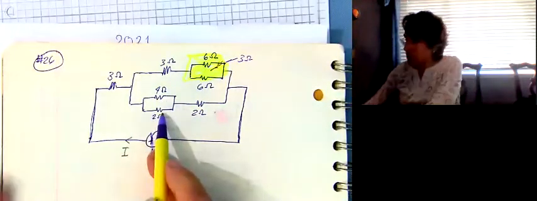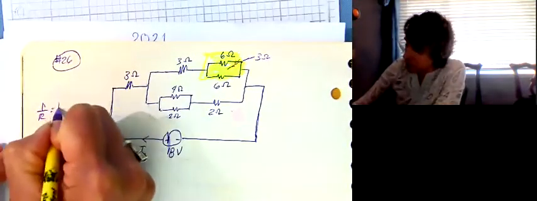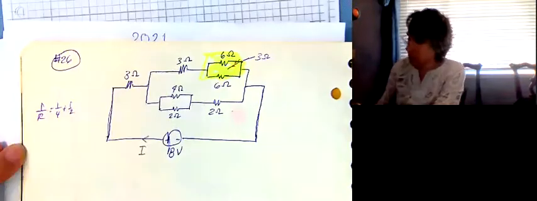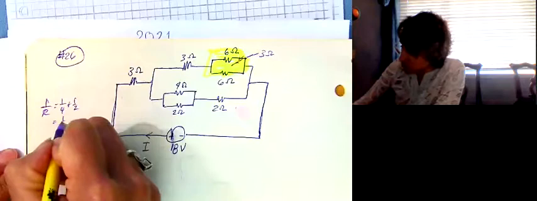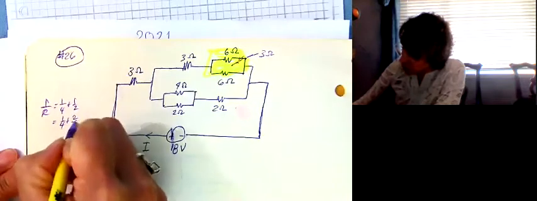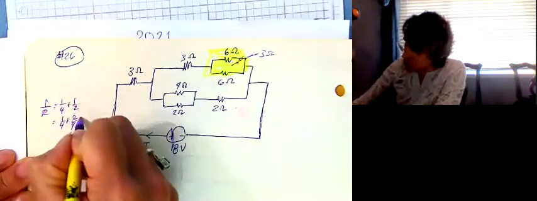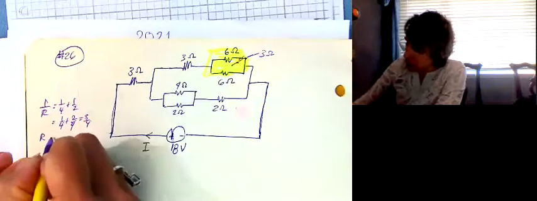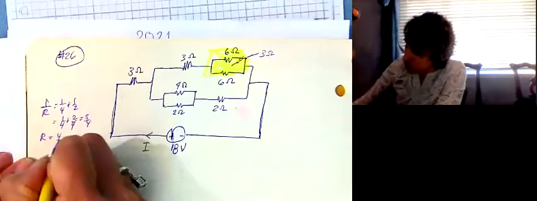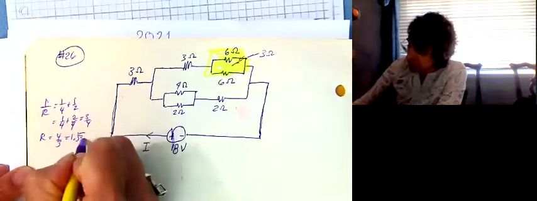So let's take care of those. 1 over R for this one is 1 over 4 plus 1 over 2. It doesn't look like I need a calculator for that one. That's the same thing as 1 over 4 plus 2 over 4. Correct? That's 3 over 4. So the equivalent resistance is 4/3, or 1.333333 ohms.